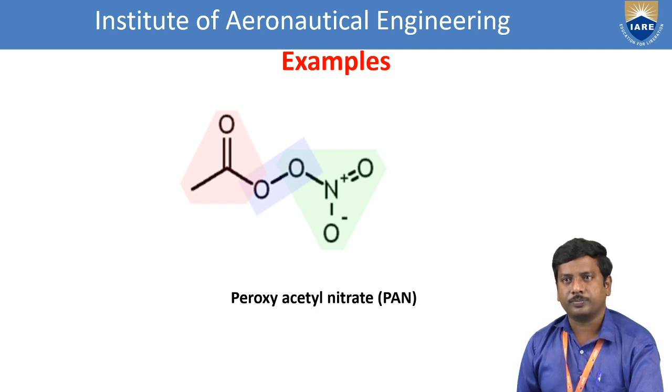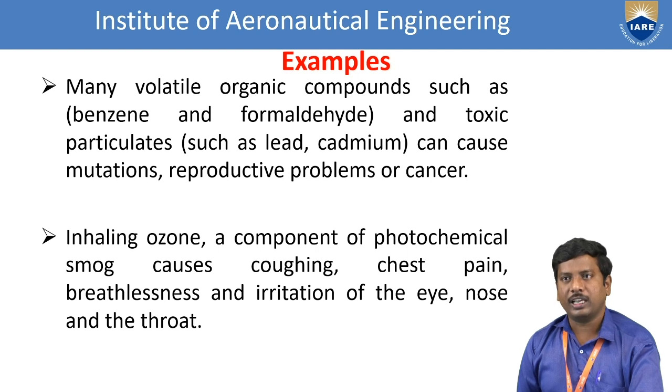Many volatile organic compounds such as benzene and formaldehyde, and toxic particulates such as lead and cadmium, can cause mutations, reproductive problems, or cancer. Inhaling ozone, a component of photochemical smog, causes coughing, chest pain, breathlessness, and irritation of the eye, nose, and throat.